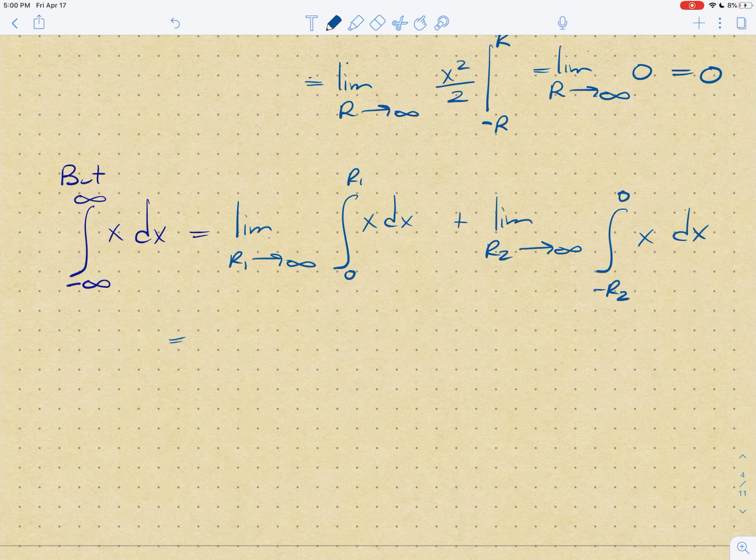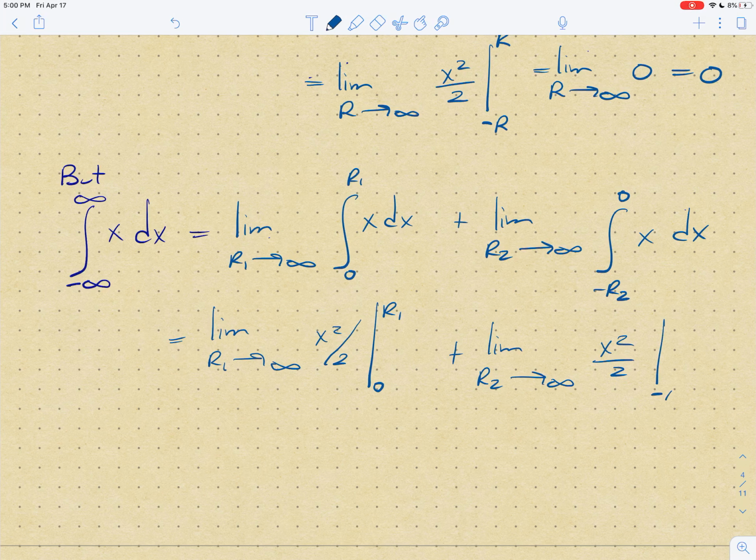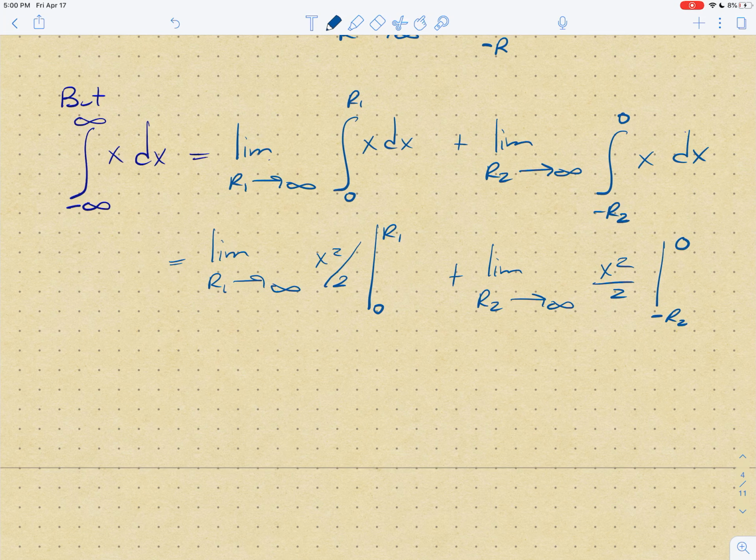This all feels very similar, but it's not the same. Limit as r1 goes to infinity of what? X squared over 2 evaluated from 0 to r1 plus the limit as r2 goes to infinity of x squared over 2 evaluated from minus r2 to 0.